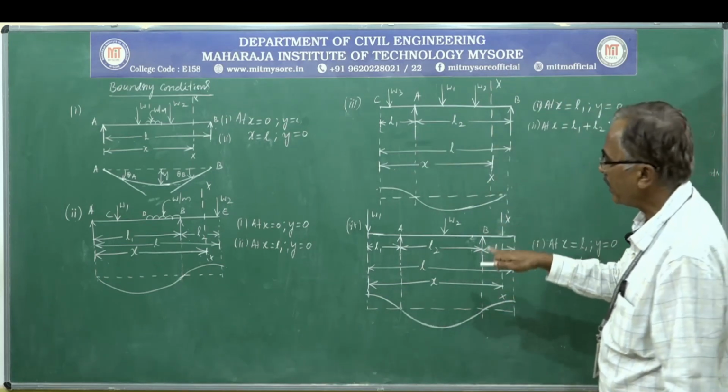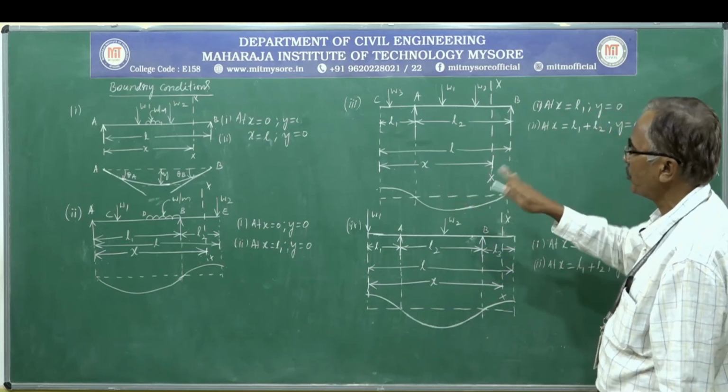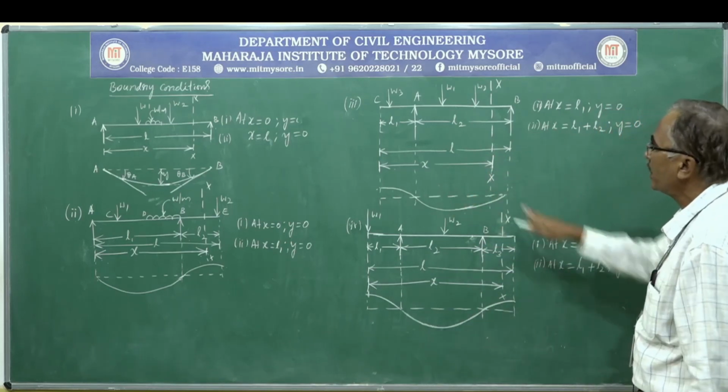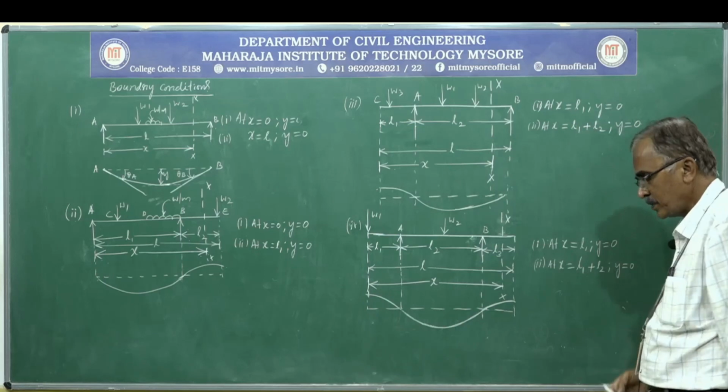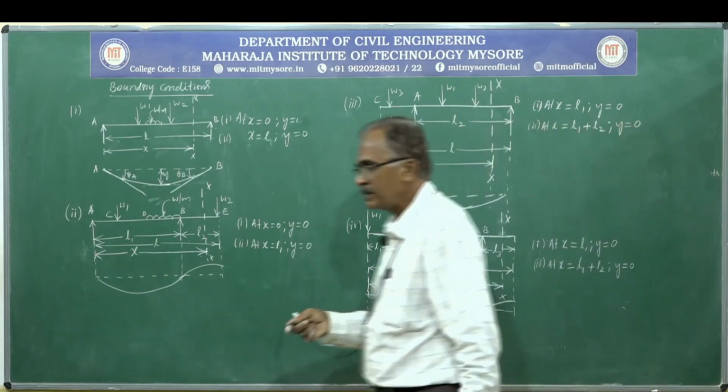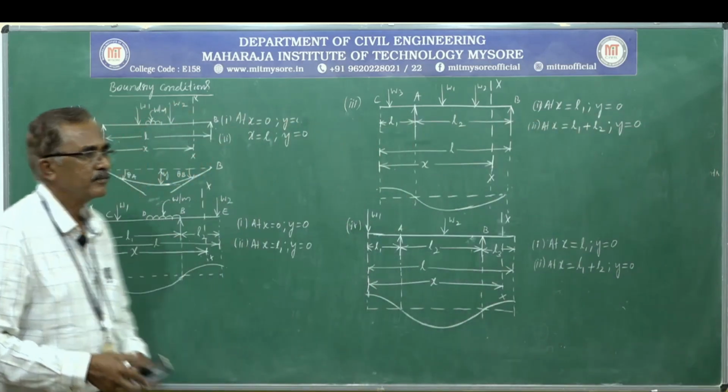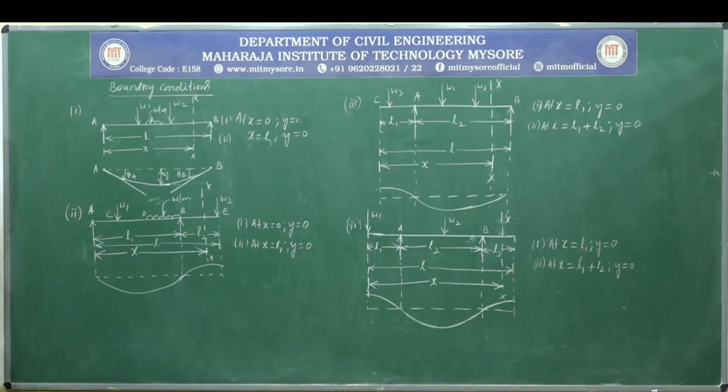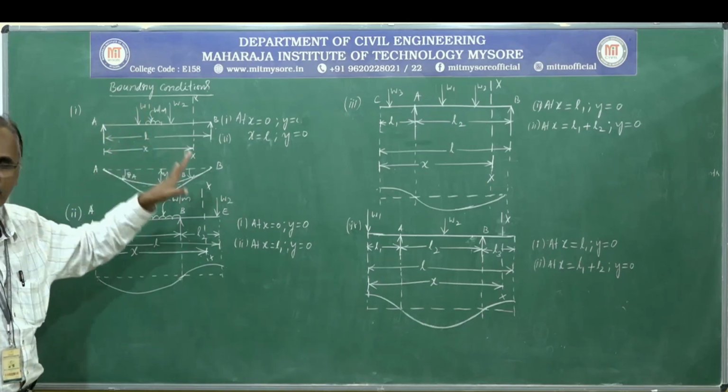Based on the loading pattern, the end condition and the supporting position of the beam, we can write boundary conditions. One thing we can easily remember is that wherever we come across a support, there the deflection is 0. At the support there is no displacement.